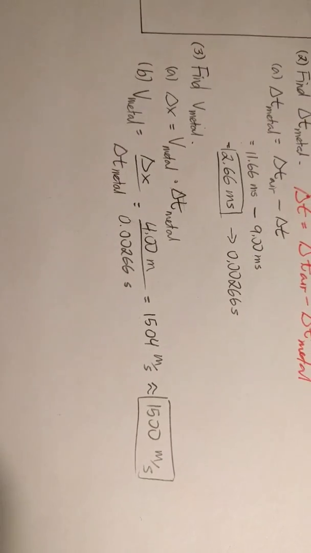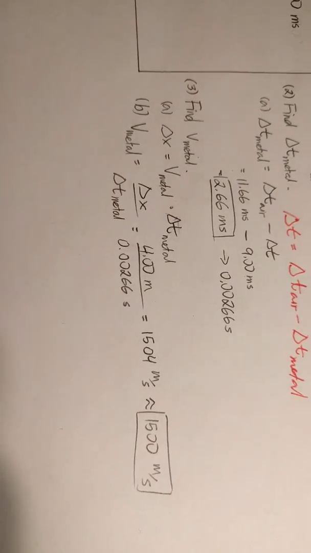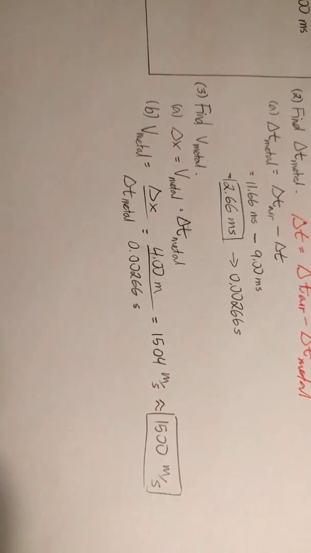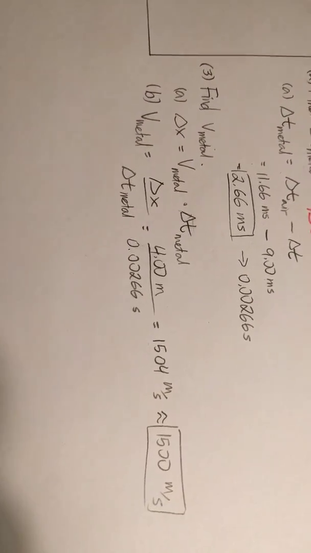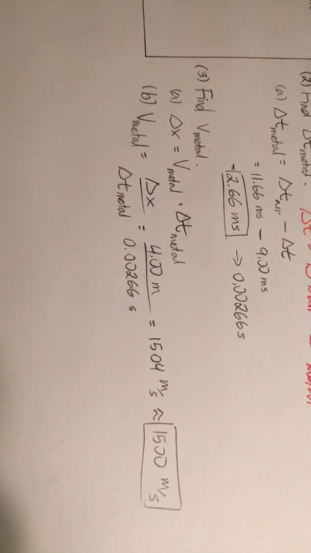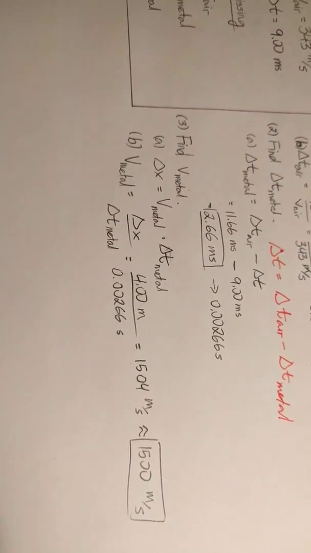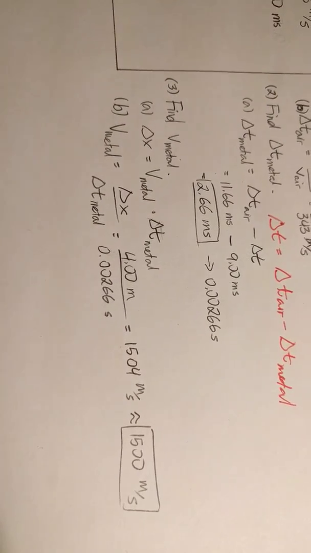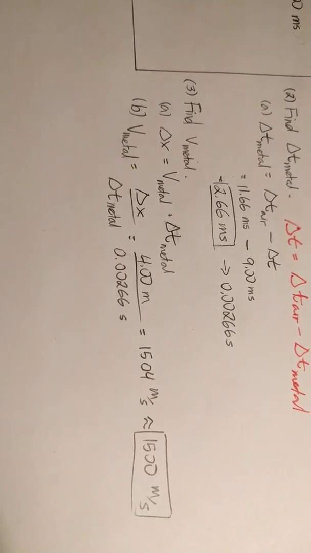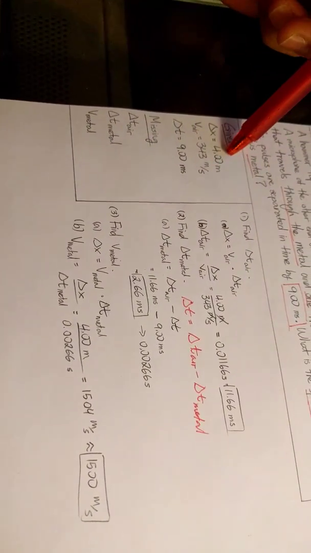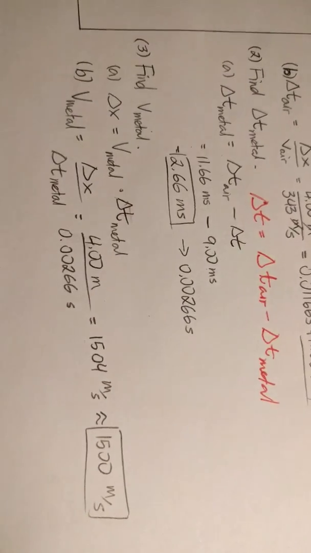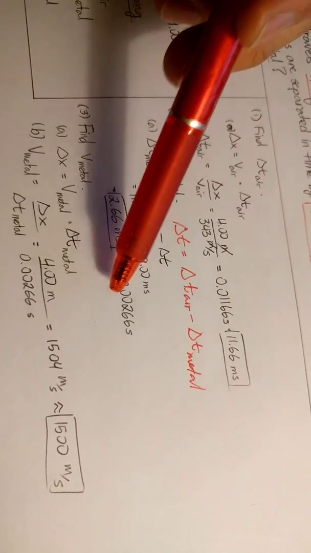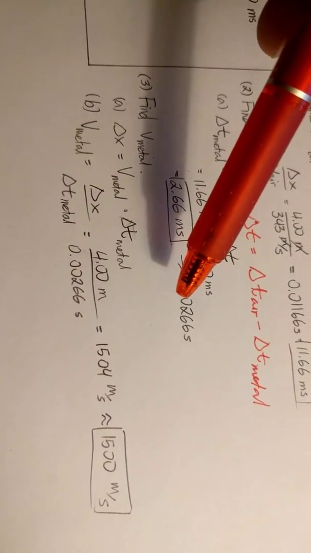And to do that, we'll be using the same formula as done in the first step, which is delta x is equal to velocity times delta t. Then change the formula so we can isolate the velocity and solve for it, which would be v equals x over t. Plugging in the information with what was given, 4 meters, and then what we have found out in the second step, 0.00266 seconds.